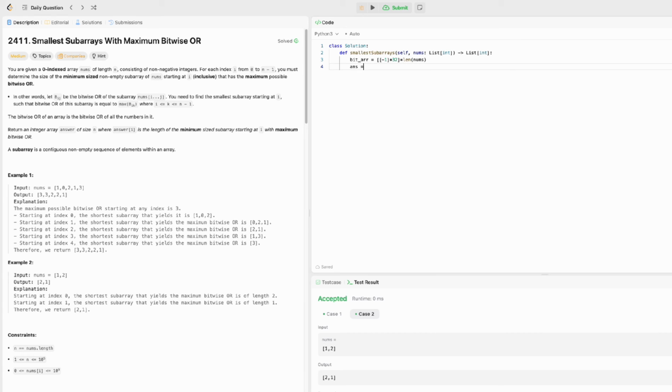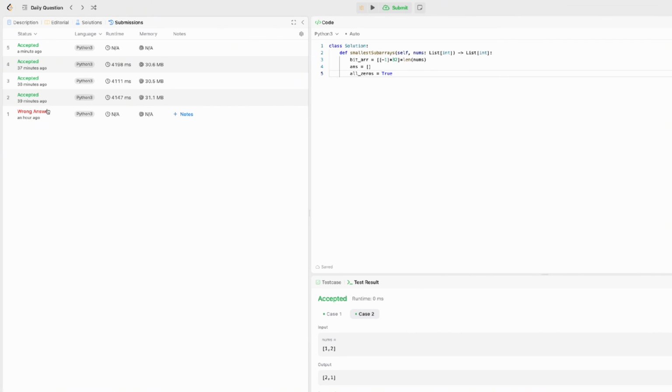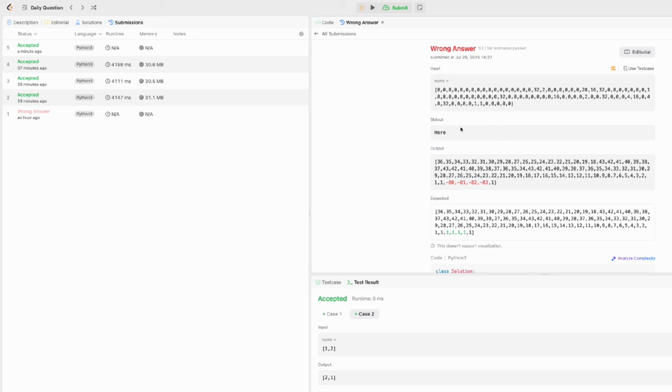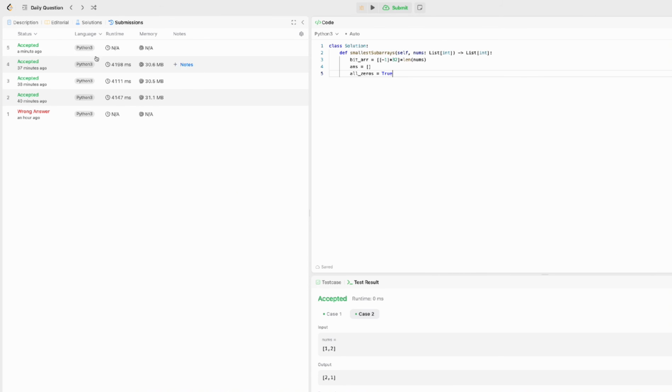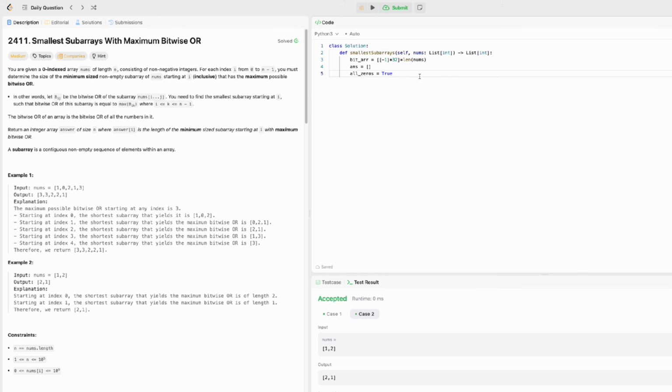And then we have the answer array, which will store our final values. Because I got an exception before, my first exception is this one. When they are all 0 at the end, this is a very difficult case, so I can consider this one as the corner case, so I solve it using a state or a flag.